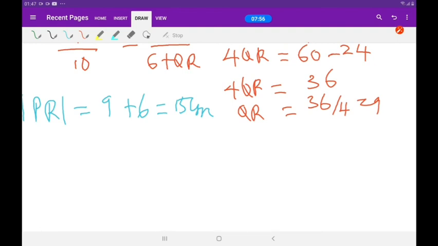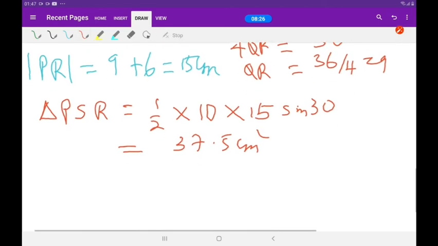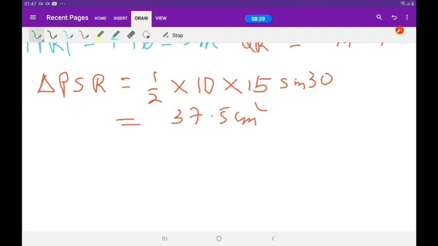Triangle PSR will now be half times 10 times, that means the two sides, times 15, then sine theta. But in this case, it's sine 30. So we do this very well, we'll be getting 37.5 centimeters squared.